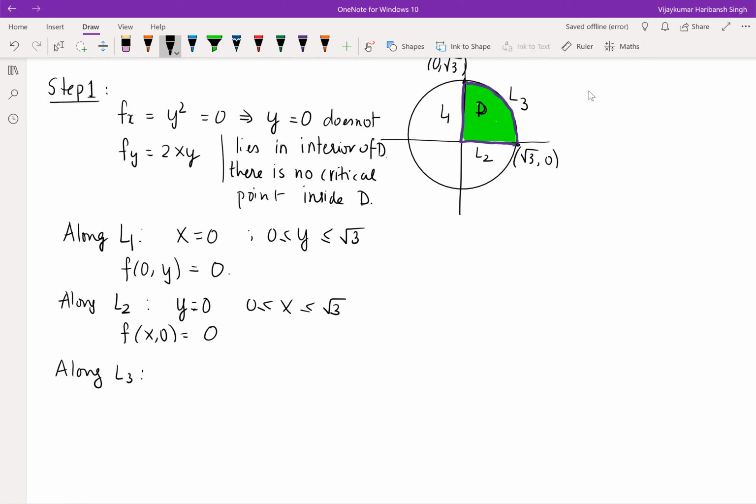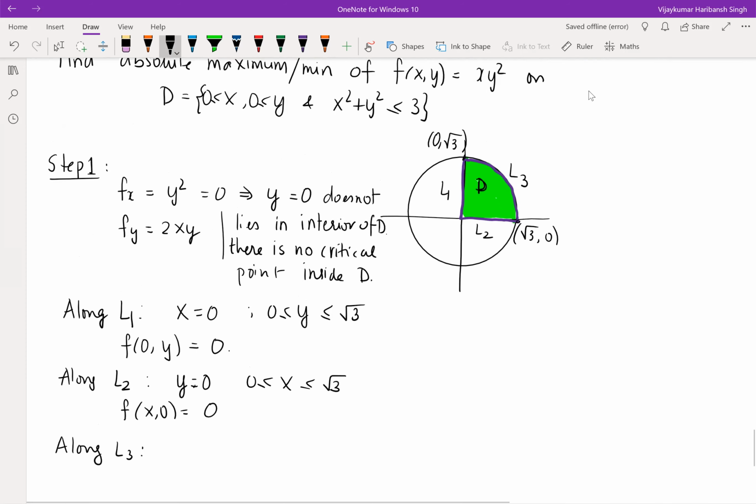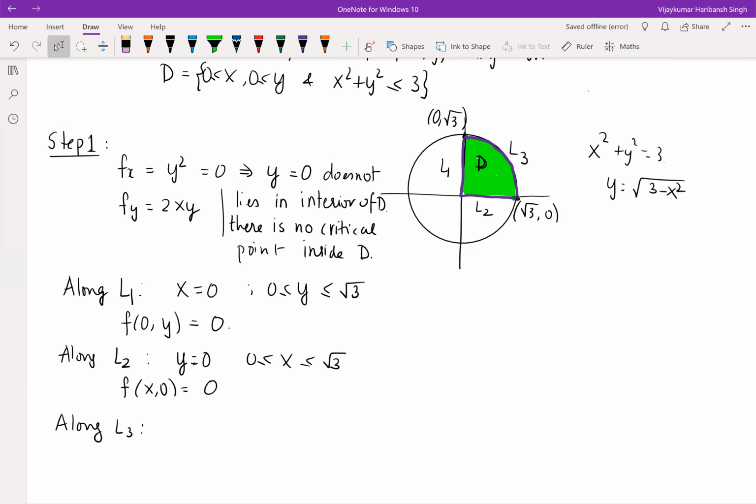Along L3, we have, so what is the equation of the circle? The equation of the circle, for the upper part, is x squared plus y squared equals 3, or we get y equals the square root of 3 minus x squared, because we are looking at the positive part. So along L3, we have y equals the square root of 3 minus x squared. And again, your x is changing from square root of 3 to 0, right?